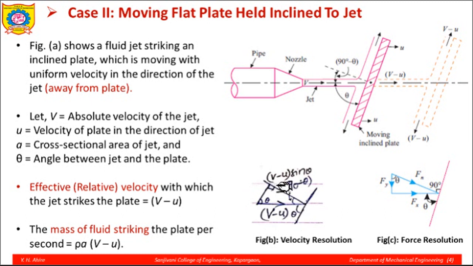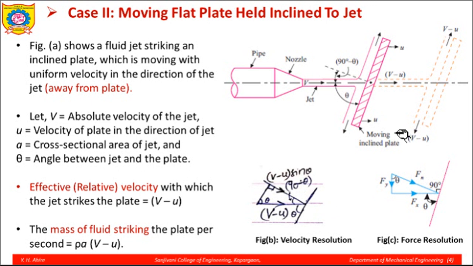In the normal direction, the component of this V minus u will be (V minus u) sin theta, because this theta angle will go inside this right triangle of velocity vectors. Therefore, this normal velocity vector is (V minus u) sin theta before impact, right?